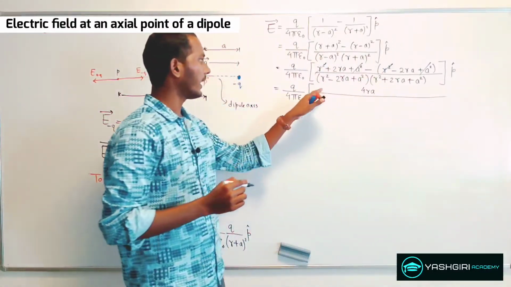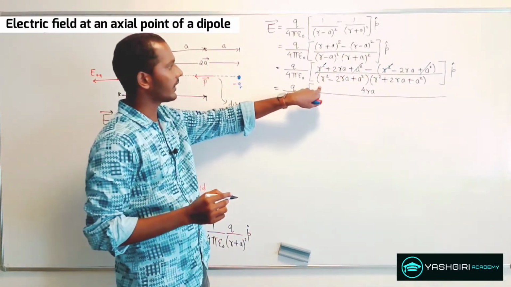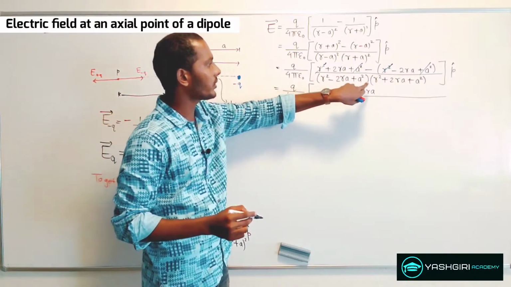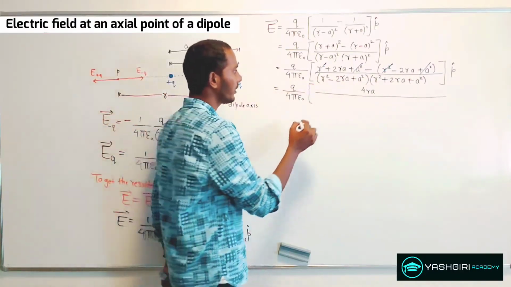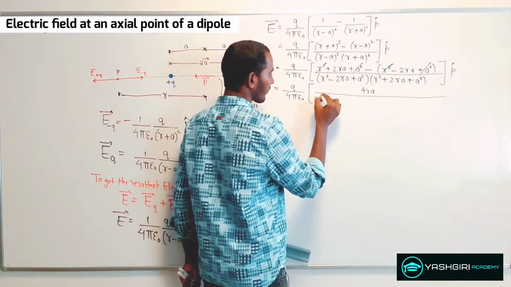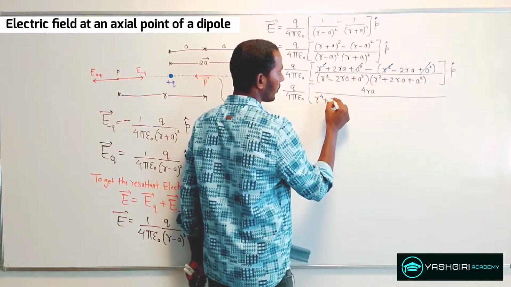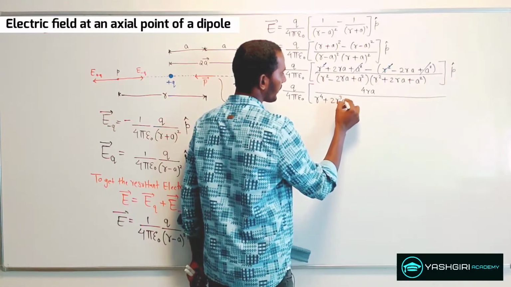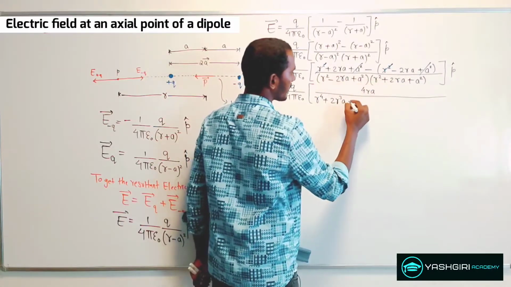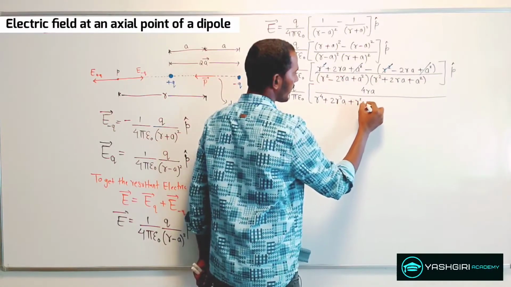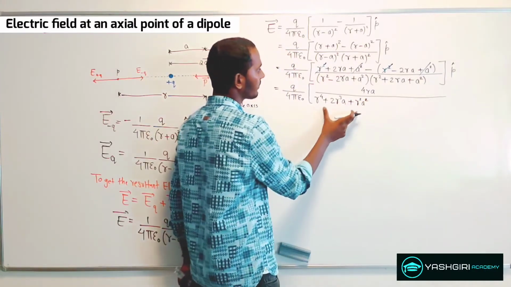Now here again I can open up this. In the denominator, R square into R square will give me R raised to 4. Again R square into A will give me 2R cube A, again R square into A square, so that's 1.